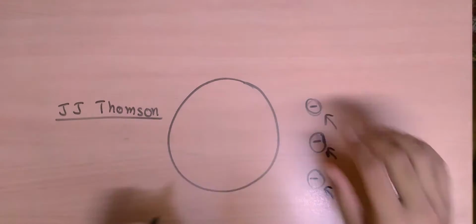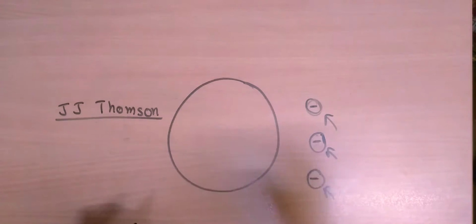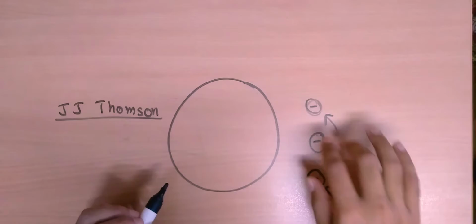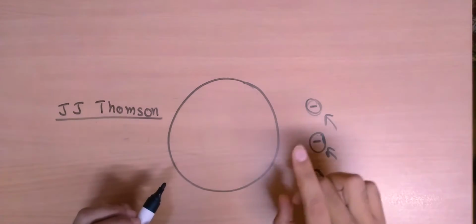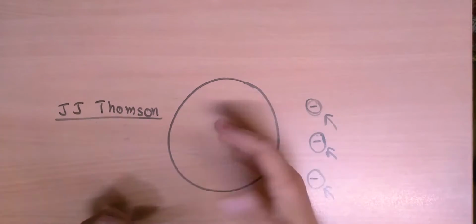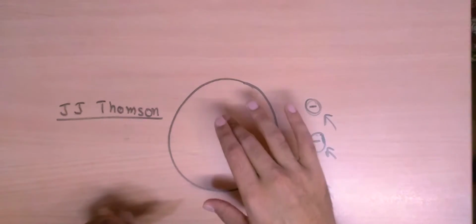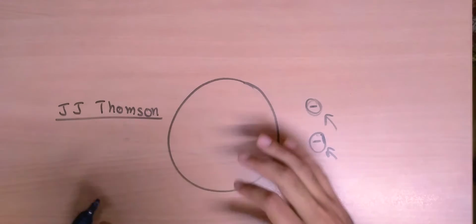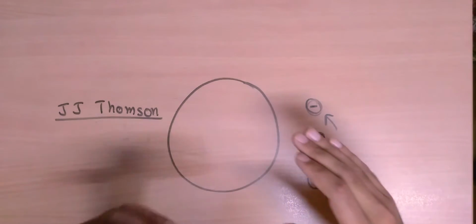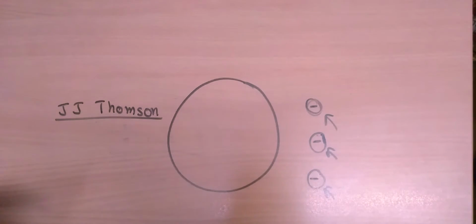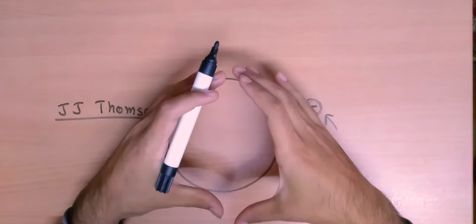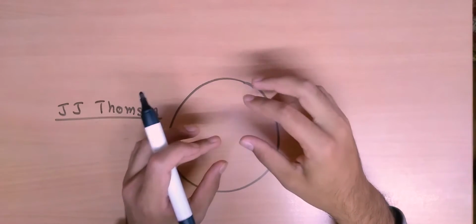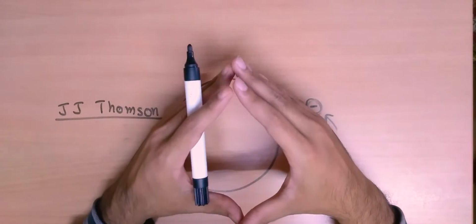So obviously these small negatively charged particles are much smaller than the atom. So the atom was composed of these small negatively charged particles. But they also knew that the atom as a whole was neutral, which means it had no net charge. In the previous video we've seen that if you have a box in which you have, let's say, equal amounts of positive and negative charge, the net charge inside that box is 0.